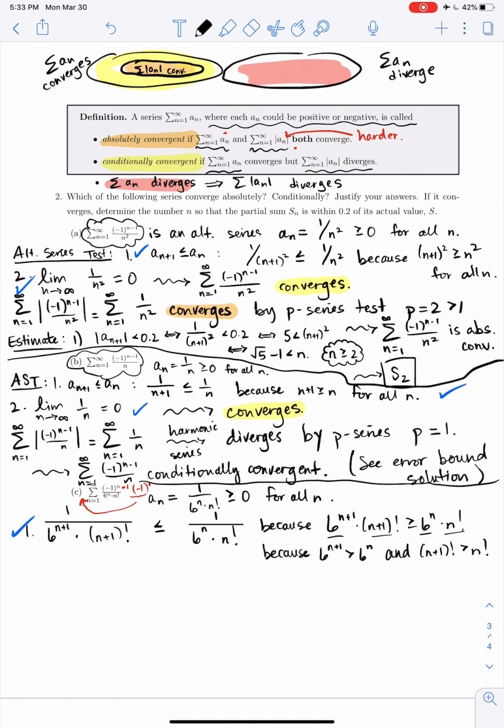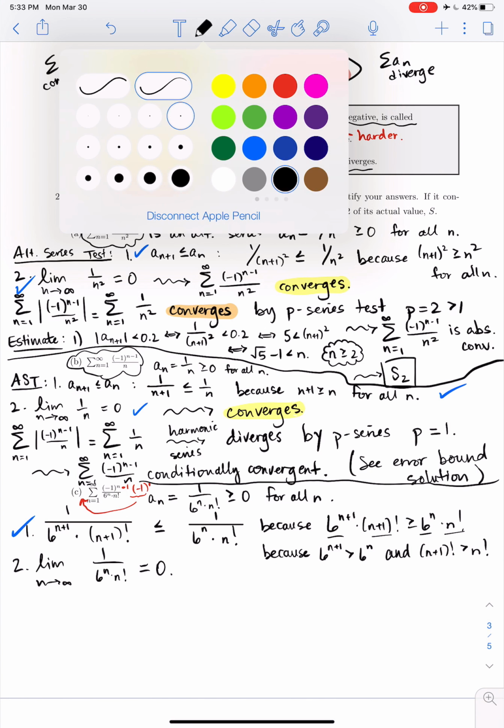The last check is that the limit of our base sequence 1 over 6 to the n times n factorial is 0. Yeah, this denominator, 6 to the n times n factorial, is getting really, really large really fast, and you've got a fixed value in the numerator, so that is 0.